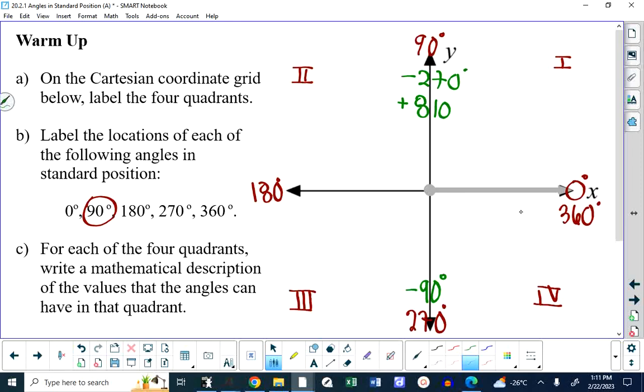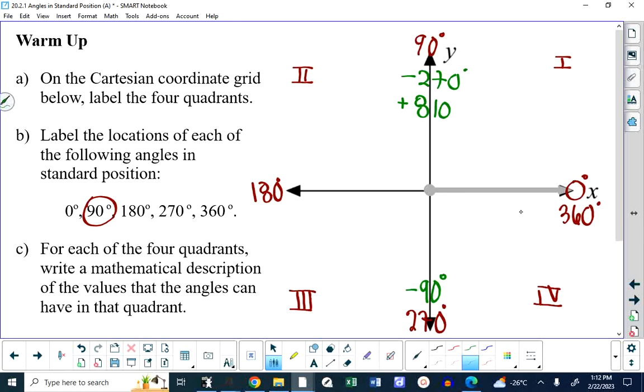If I rotate another time around, that's another 360. I'm back there at what I'm pretty sure is 720 degrees, plus another 90 would take me to the top, and 720 plus 90 is 810. There's an infinite number of ways you can land in these positions. The angles may be different numbers, but sometimes the position is the same.